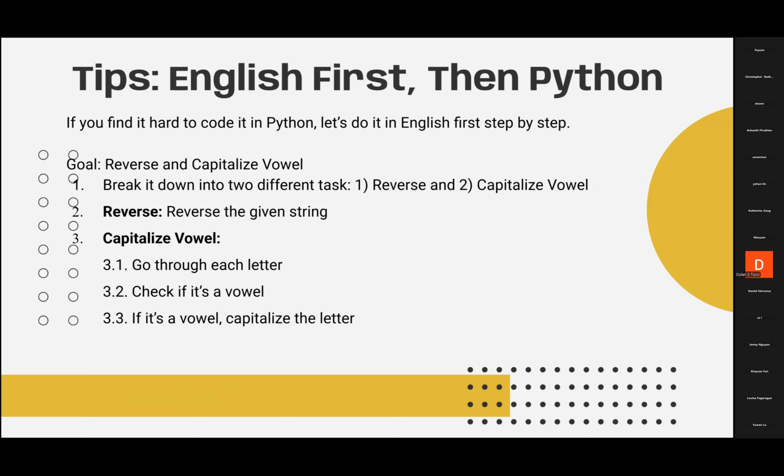Let's break it down into two different tasks. To reverse the given string, and to capitalize the vowels, we have to go through each letter in the input string, check if it's a vowel, and if it's a vowel, then capitalize the letter. So that's how you do it in English.